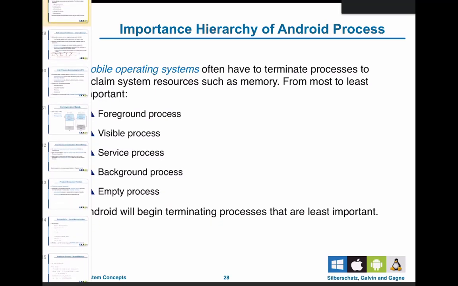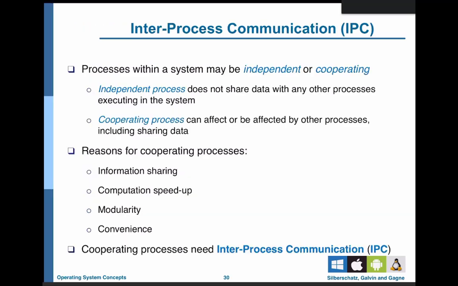Okay, inter-process communication. Processes within a system may be independent or cooperating. Some processes need cooperation for information sharing, computation speedup, or sometimes just for convenience.